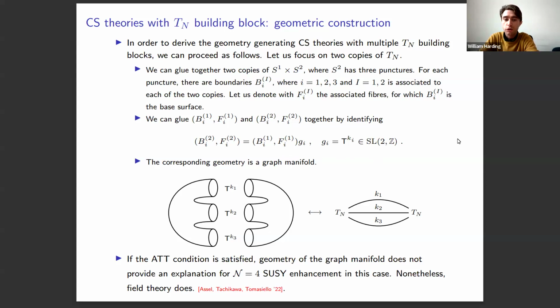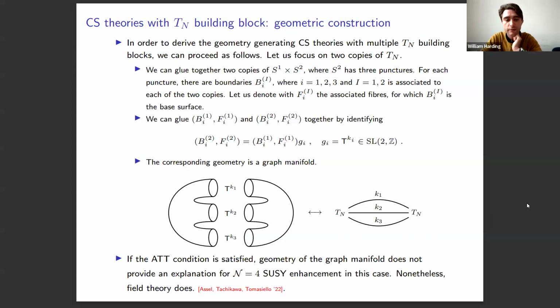And now the corresponding geometry is a graph manifold, because basically it corresponds to, in this case, 2 Seifert manifold building blocks. Now the corresponding field theory description is that of 2 copies of Tn, whose flavour symmetry are gauged with Chern-Simons levels K1, K2, and K3.